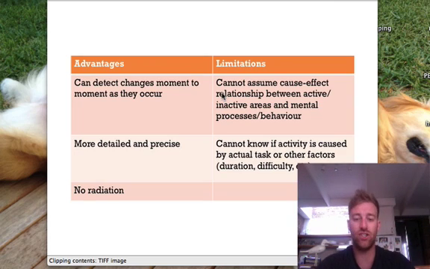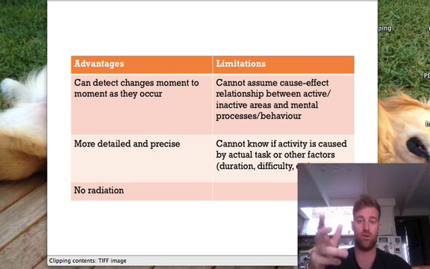So what are the limitations of it? Well, in a normal functioning brain, you cannot assume cause and effect relationships between activity and mental process. Okay, just because one part's really active doesn't necessarily mean that it's solely responsible for that. Or we don't really know if it's the major response. It might just be a lot of activity goes to that area. So still not 100% sure.